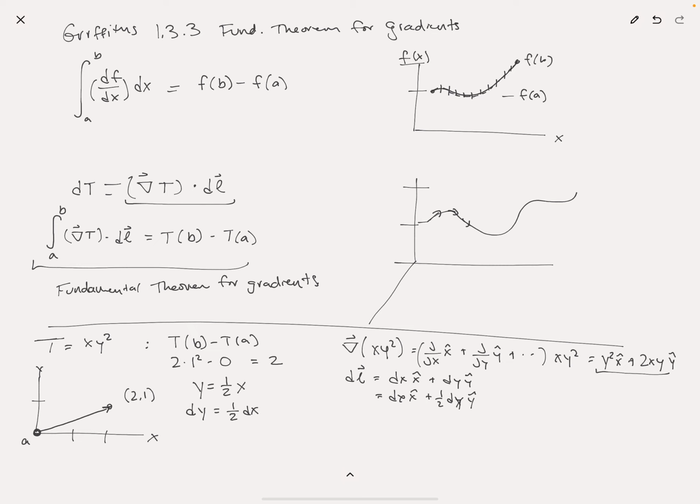So I take the dot product of these two quantities, and I'm left with the integral from x equals 0 to 2 of y squared dx plus 2xy times 1/2 dx.